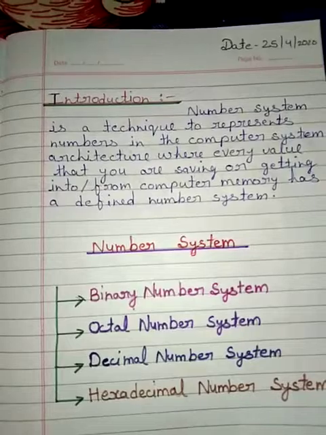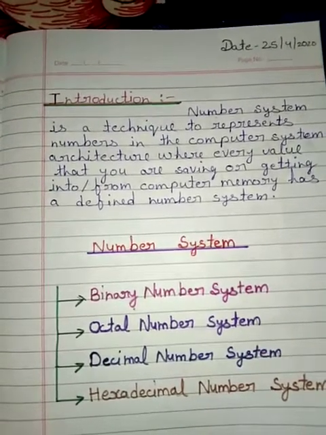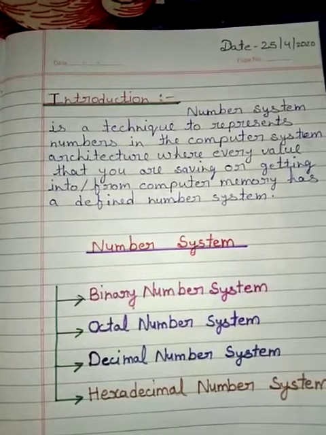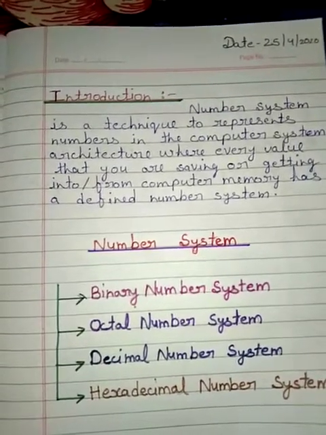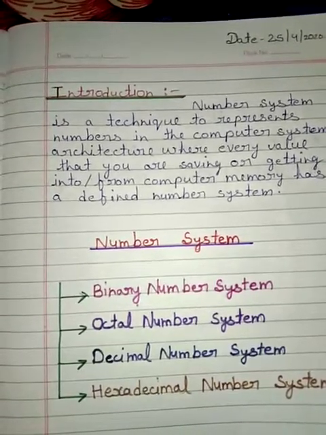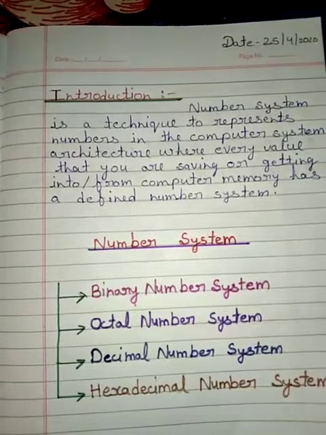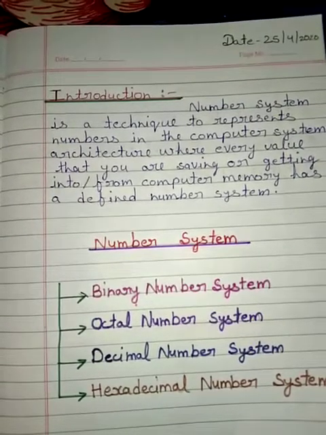For example, the decimal number 1, 2, 3, 4 consists of the digit 4 in the units position, 3 in the tens position, 2 in the hundreds position, and 1 in the thousands position. Okay?